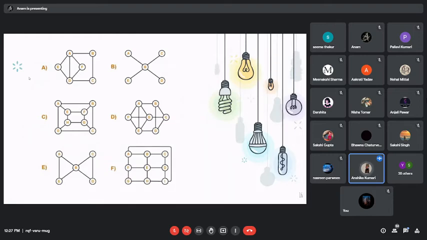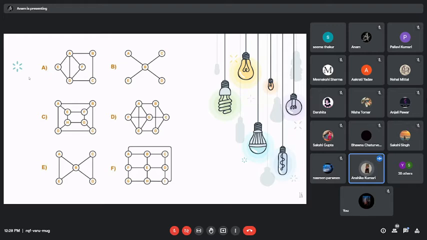Here we have some graphs. In the first graph we can travel from A to B, C, D, E, and A. Here we can see that we cannot traverse F, so this is not a Hamilton circuit. In the second question, this is also not a Hamilton circuit.